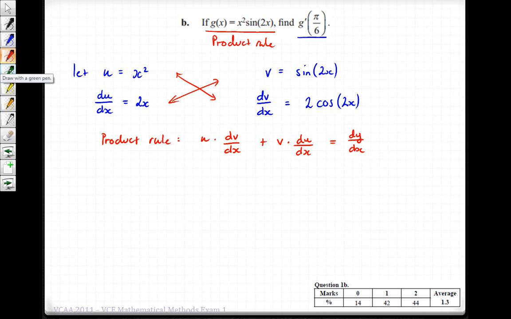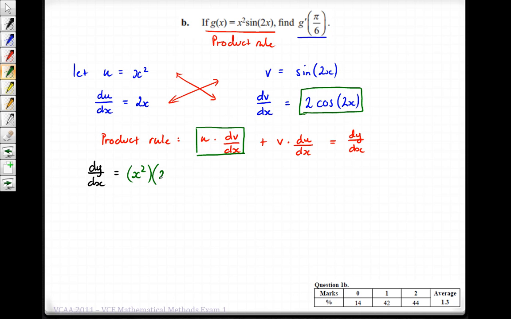So just in green for this part, we'll get that dy/dx is equal to, pick up u, x squared, multiply that by dv/dx. So dv/dx is all the way over here. So multiply that by 2 cos of 2x.